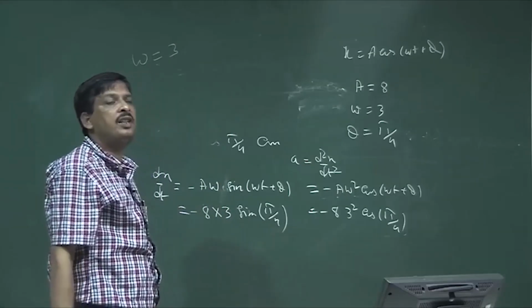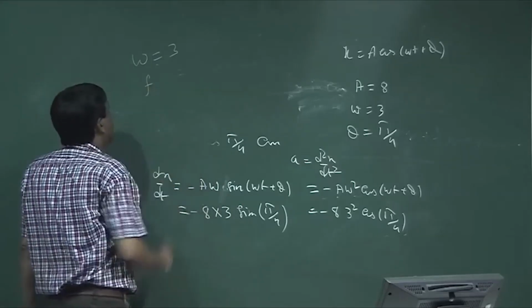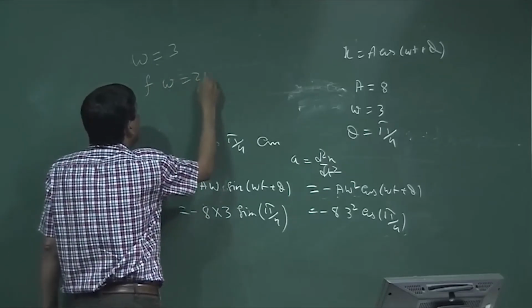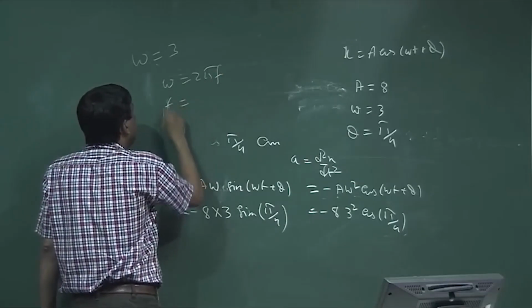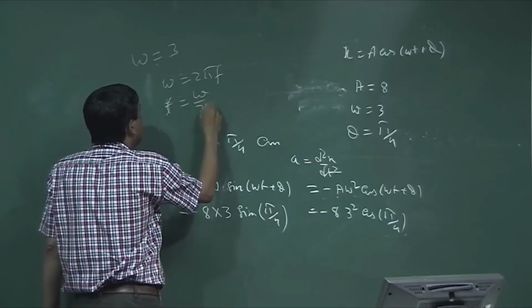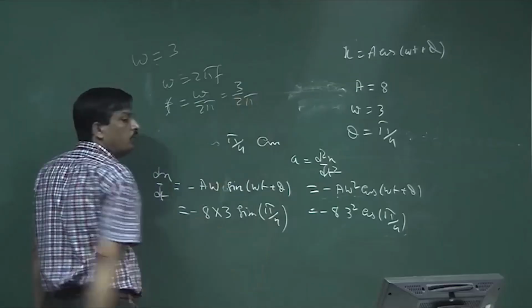Omega is 2 pi f. Then f is nothing but omega by 2 pi. So, it is 3 by 2 pi.